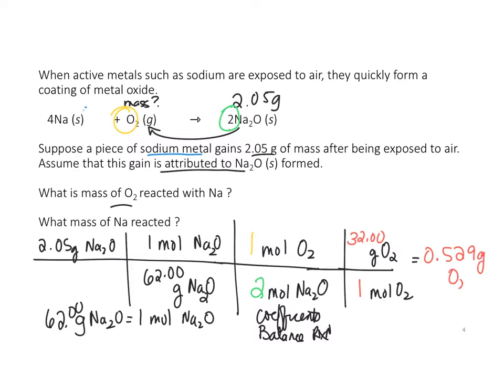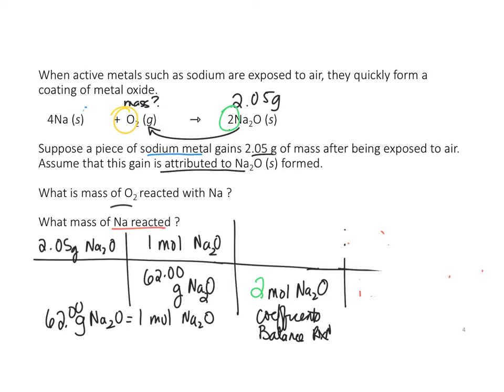0.529 grams of oxygen gas will react with sodium metal to form 2.05 grams of sodium oxide. What is the mass of sodium reacted? Well, in that case, you just backtrack here.